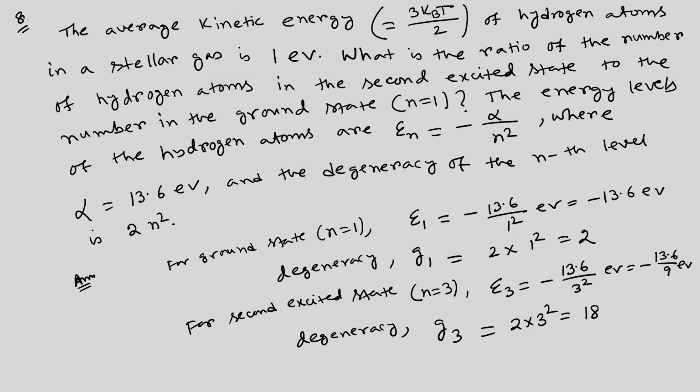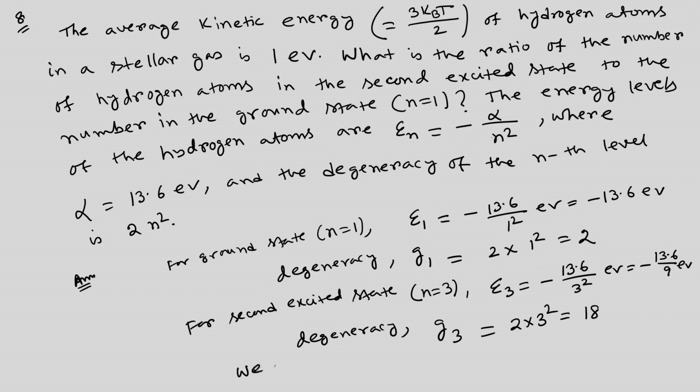And what do we need to calculate? We need to calculate the ratio of the number of hydrogen atoms in the second excited state to the number in the ground state. So, we need to calculate the value of N_3 by N_1, where N_3 is the number of hydrogen atoms in the second excited state, and N_1 is the number of hydrogen atoms in the ground energy level.